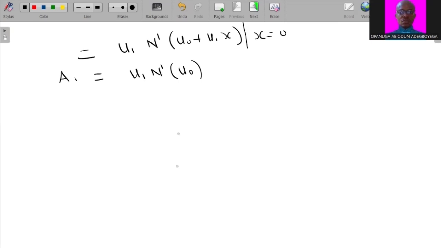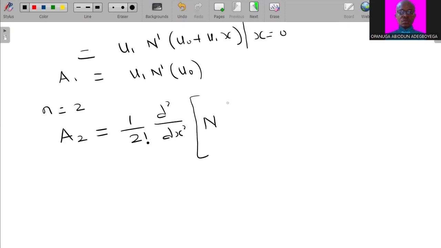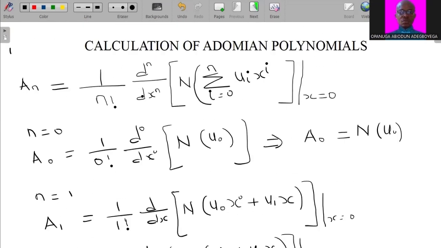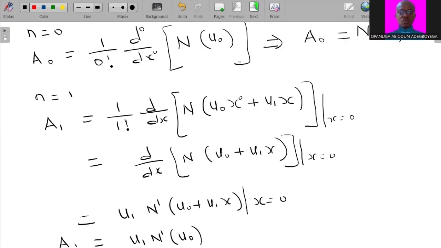Then let's also consider when n is equal to 2. When n is 2, we have A_2 equals 1 over 2 factorial d^2/dx^2 of N. For this now, our n is 2, so that means i will run from 0 to 2: when i is 0, when i is 1, and when i is 2 for u_i x^i.